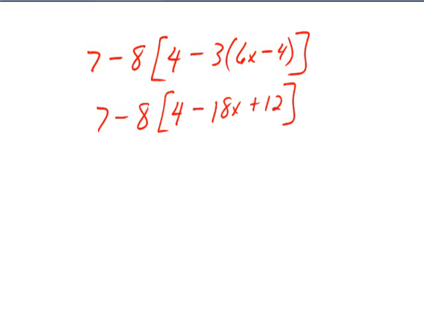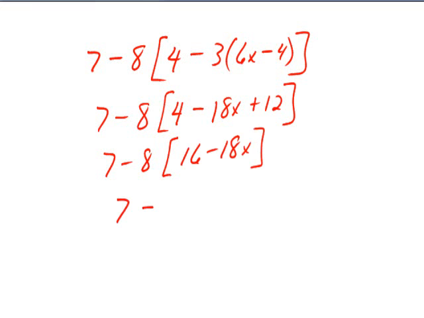Notice that inside the brackets we have subtraction and we have multiplication, so we had to do the multiplication first. Let's combine like terms in the bracket. 4 plus 12 is 16. I can't simplify any further inside the brackets, so let's distribute the negative 8.